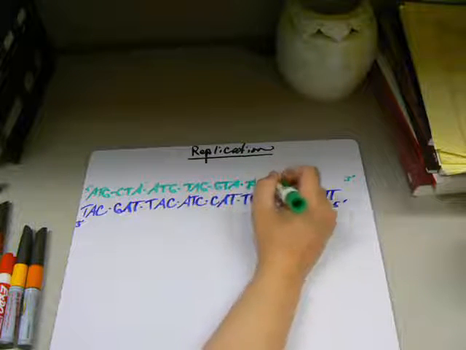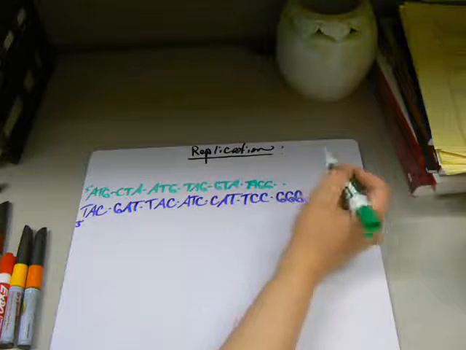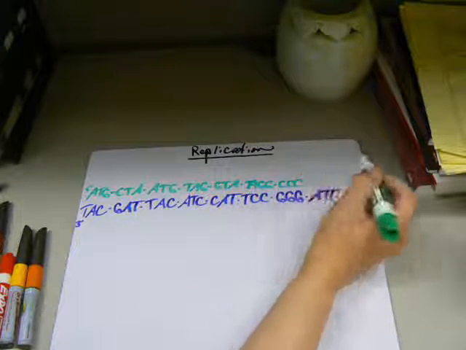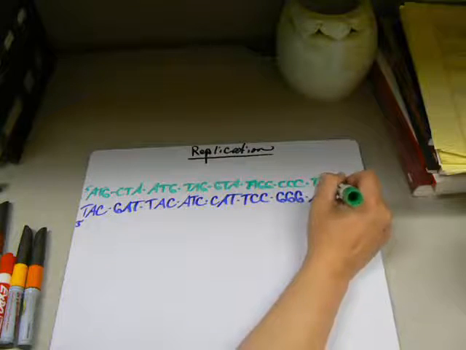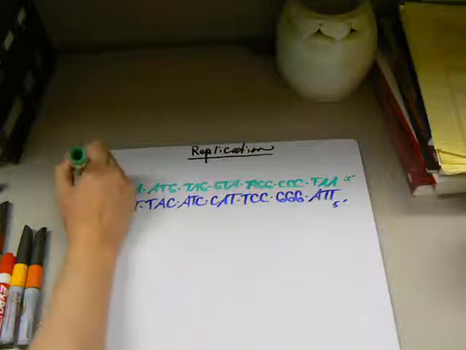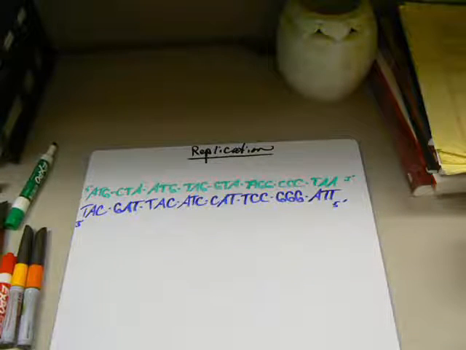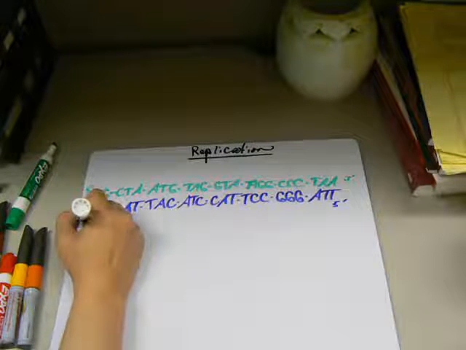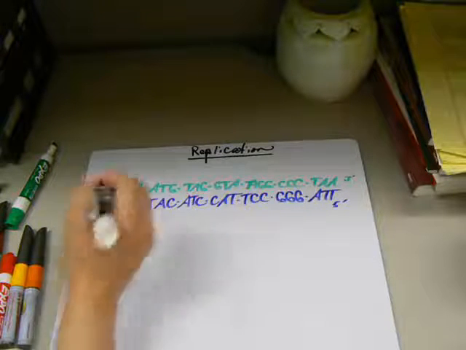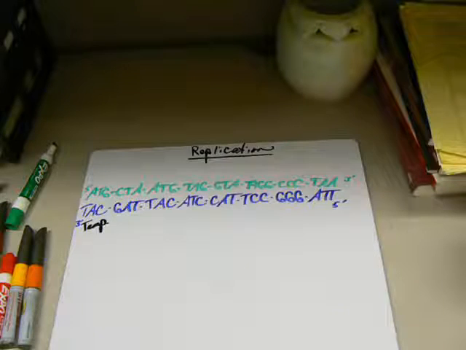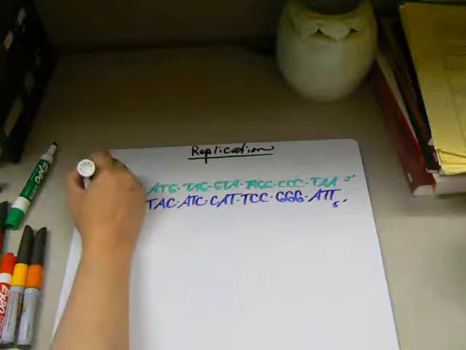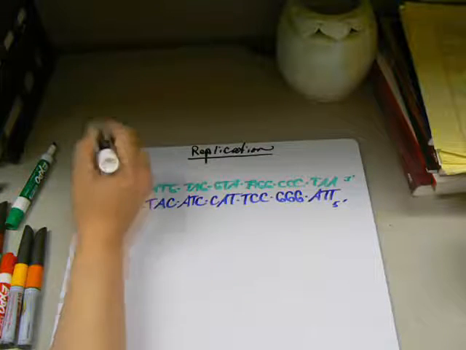Whoops, I put the wrong thing. Alright, so this is my complementary strand, and I'm going to use black for my labels. So this is what will be my template strand when I go to transcription and translation, and this is the complementary strand.